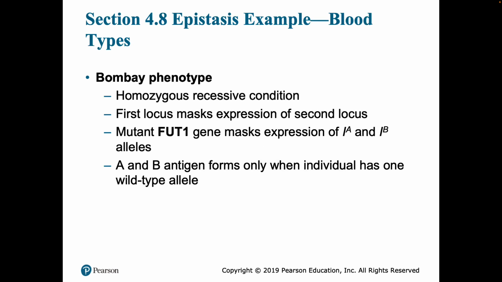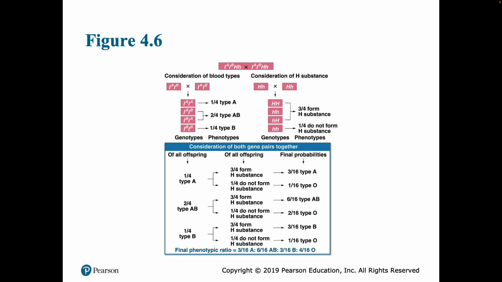And again, here's that example of the Bombay phenotype I told you about before, where you have the mutant gene, the FUT1, which when mutated prevents the expression of the blood type encoded by the genetics. So this is what that would look like if you had individuals that had type AB blood that were heterozygous for the Bombay phenotype.